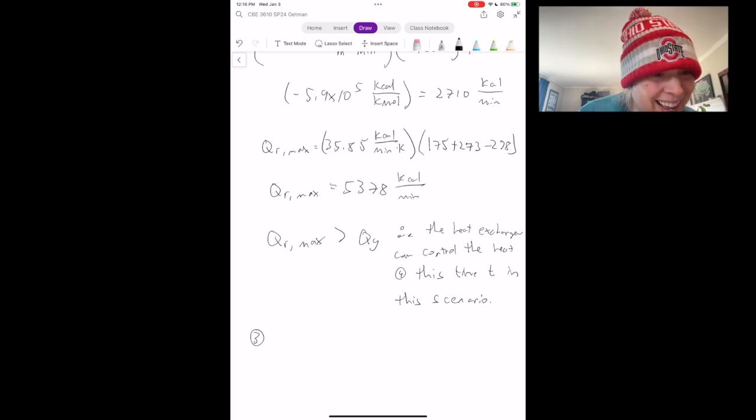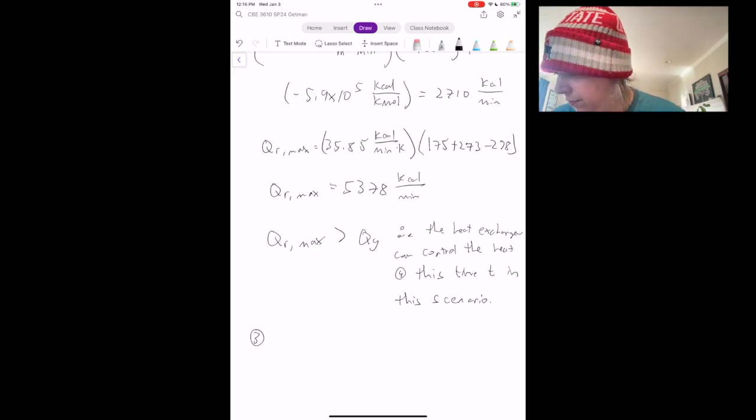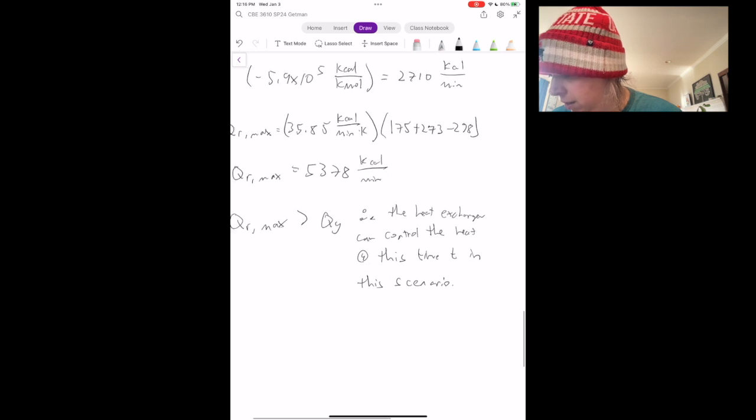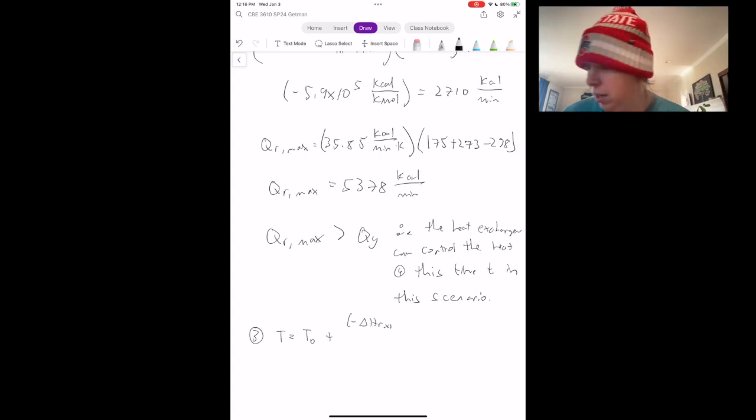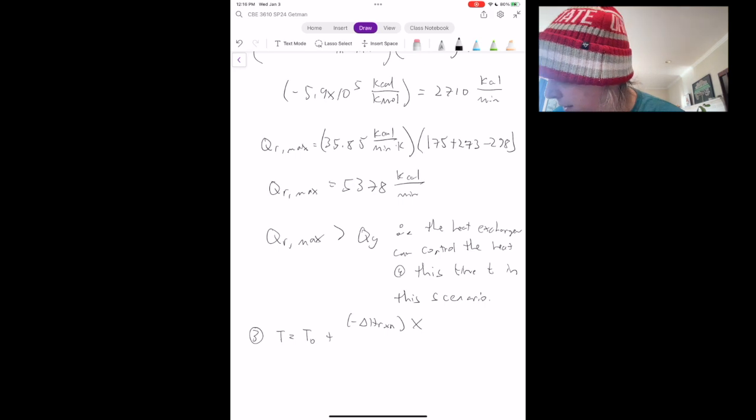So that equation is T is equal to T naught plus the negative heat of reaction times X, divided by the sum of theta I CPI.